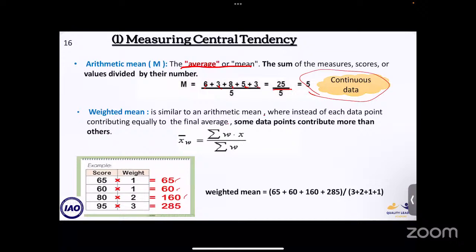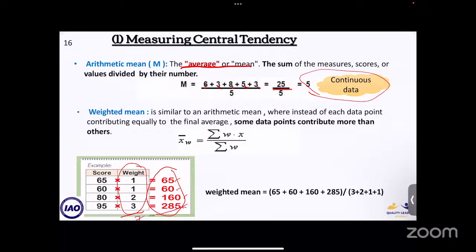And 95 times 3 will give us 285. So multiply each value by its weight and sum the weighted scores. These are the weighted scores, so we have to total all of this. Then the sum of the weights, by adding all of these, we have 7 here.